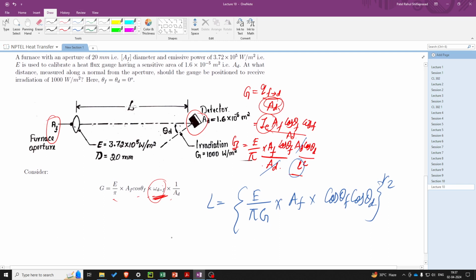So we have been given L as follows. The emissive power is given by 3.17 times 10 raised to 5 watt per meter square, upon pi. G is 1000.